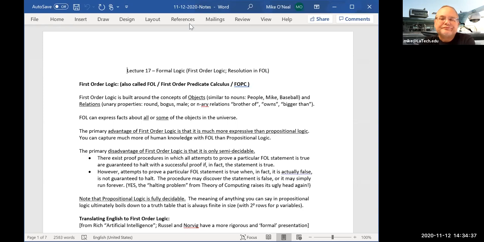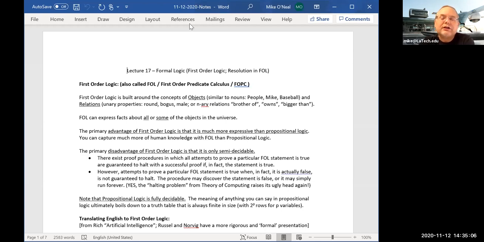A round baseball would be an example of a relation, which is basically a way of saying baseballs are round. Male and female are relations that take in a single object, like a person, or any mammal.